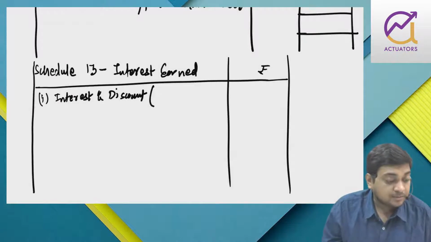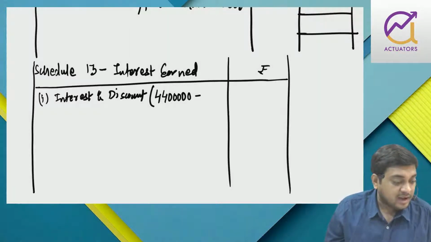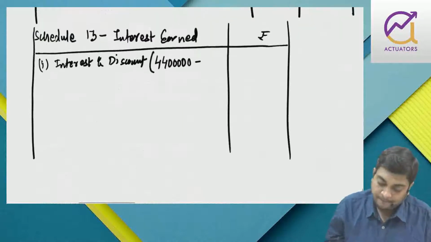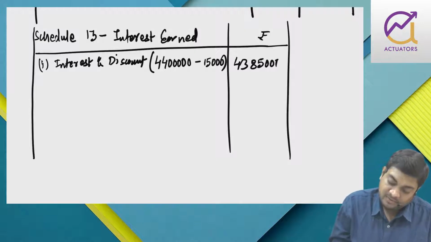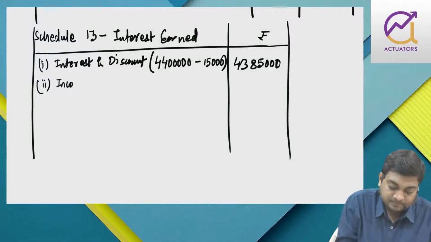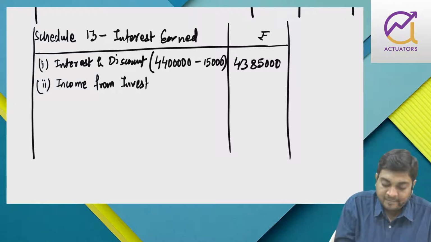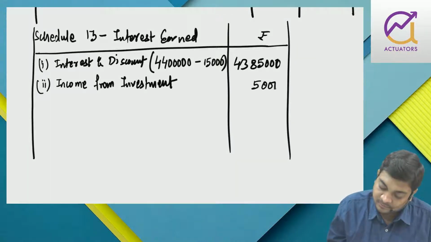We have interest and discount, how much? 44 lakh. And from here I will subtract 15,000. So it will be 43 lakh 85,000. Then income from investment we have 5,000.